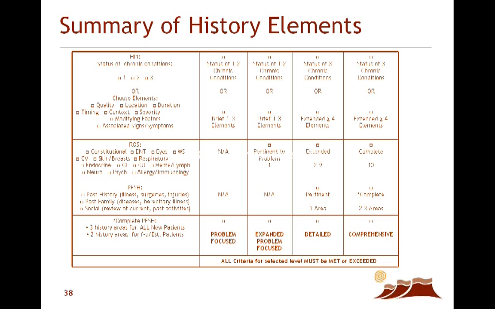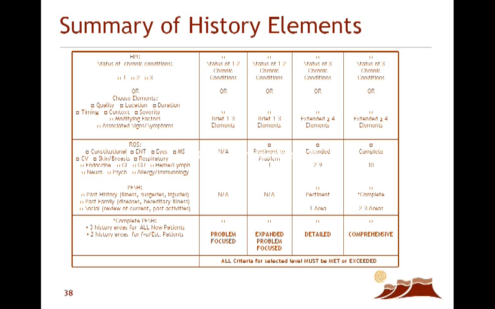And then you have to decide if you're going to combine the new problems with the old problems. Review of systems, again, it's what we call extended. It's 2 to 9. It does not have to be a full 9. It can be 2 if you believe that that is clinically appropriate. You do have to have your past history here. And again, I emphasize, make it a medication review for the most part.